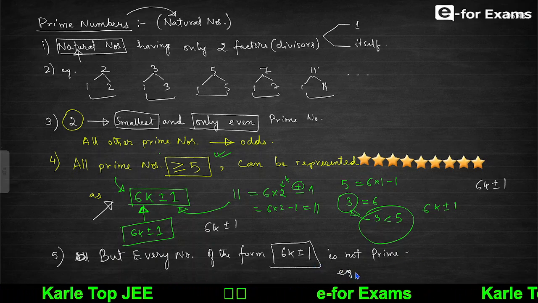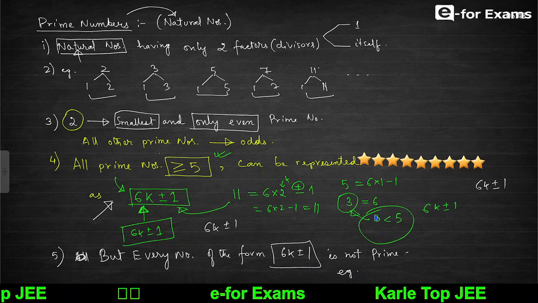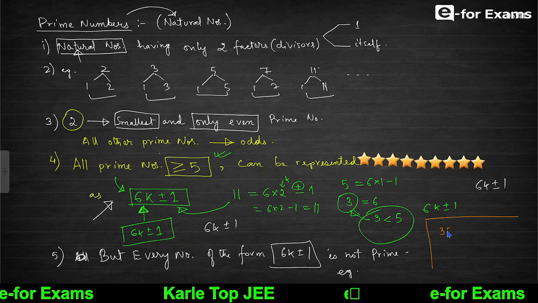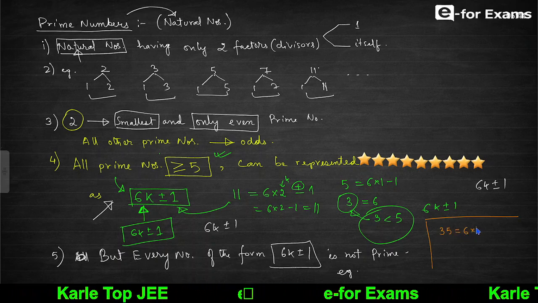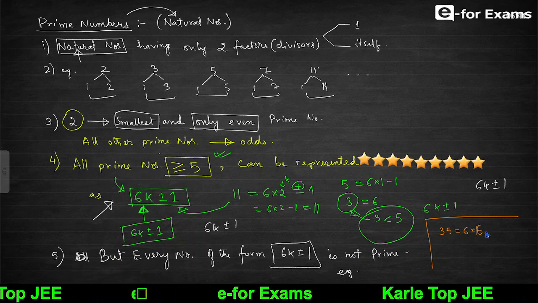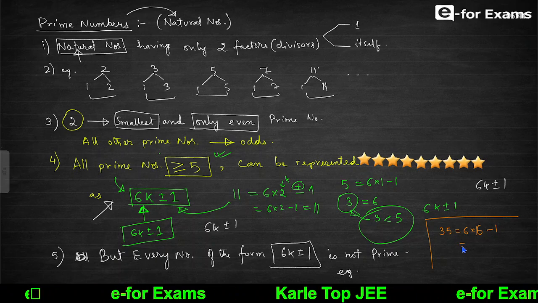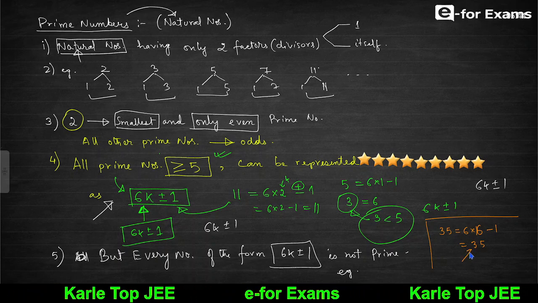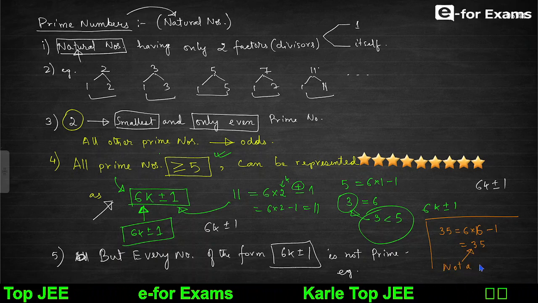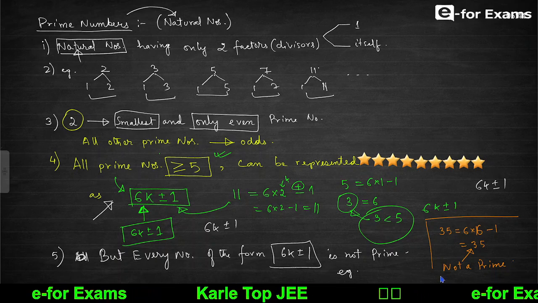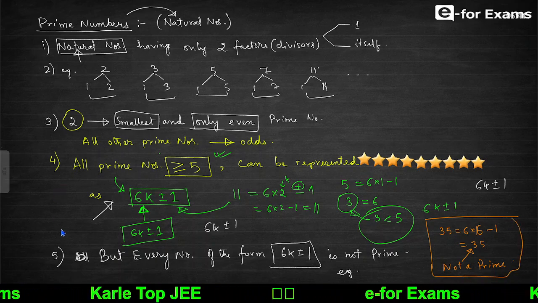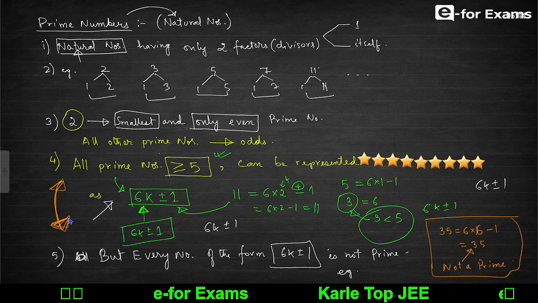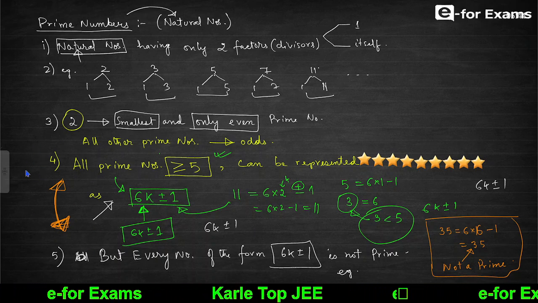Example: 35 equals 6 into 6 minus 1, that is 36 minus 1, 35. But is 35 a prime? Not a prime. Got this difference? Remember these two are important.